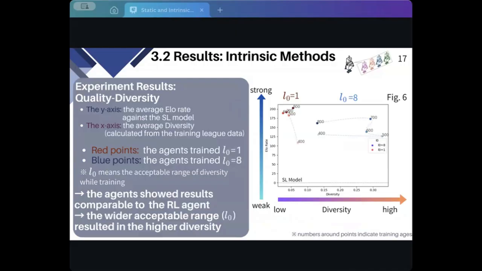Here, the parameter L0 denotes the width of the acceptable range of diversity during training. The red points correspond to agents trained with L0 equal 1, while the blue points correspond to agents trained with L0 equal 8. As expected, the agents trained with a wider acceptable range, blue points, achieved higher diversity than those trained with a narrower range, red points.